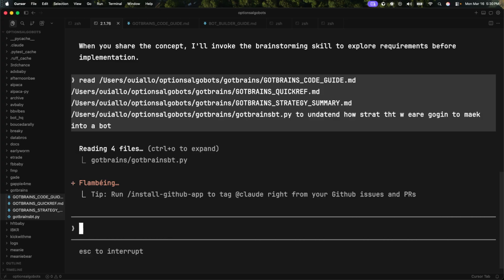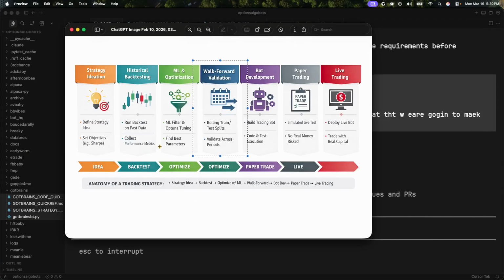It's reviewing everything: we went over the code, the guide, and the strategy, and we've seen the results for three past years, so our strategy is validated. Now it's just a matter of developing our bot. Tomorrow we're going to be paper testing, and maybe I'll be live. Maybe.